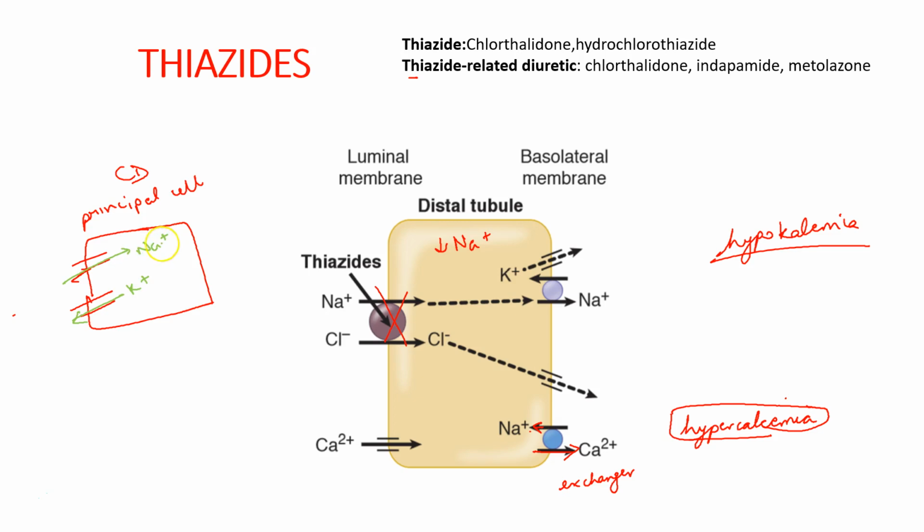So if increased sodium is in the lumen, the body will try to conserve the sodium due to aldosterone action, and this increased sodium reabsorption will be associated with increased K plus excretion, resulting in hypokalemia. So hypokalemia will be seen with carbonic anhydrase inhibitors, loop diuretics, as well as with thiazides.